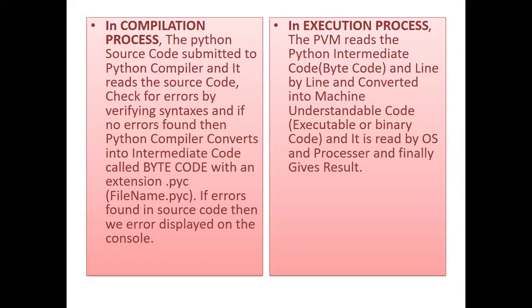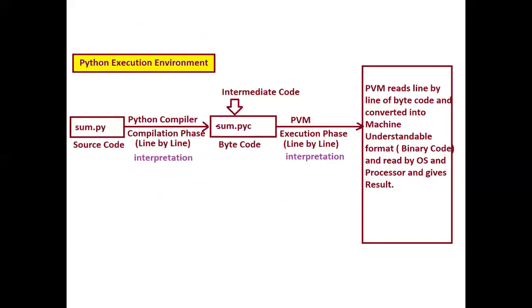It reads the source code and converts it into bytecode, that is sum.py. It reads the code line by line and checks the syntax. If any error is found, the error will be displayed. Otherwise, it will be converted to bytecode.